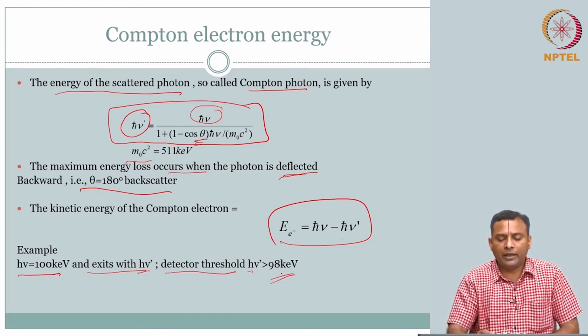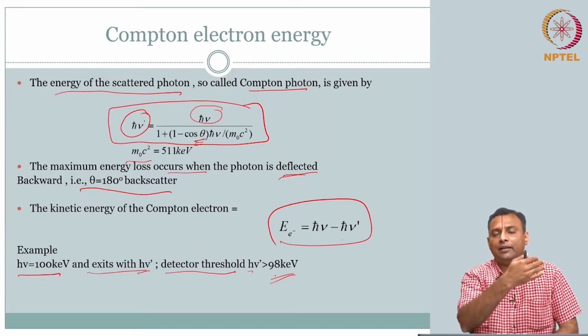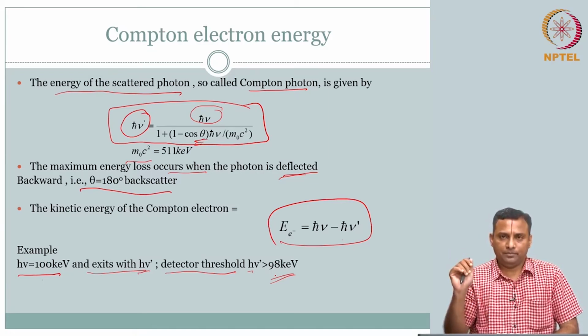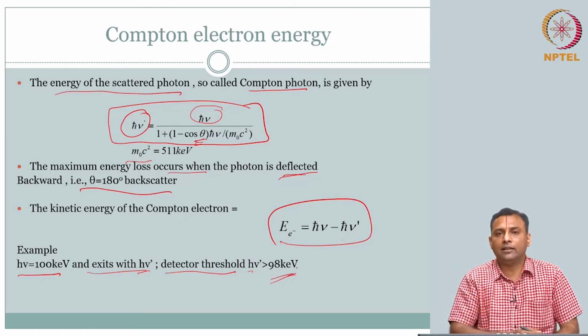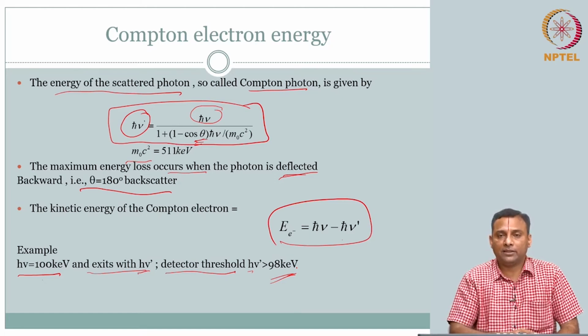You say that if I am able to capture 98 kilo electron volt, then whatever scattering has happened, the angle of Compton scattering is acceptable. Until then you are okay, because you are capturing the signal. Anything beyond that, you will have to look at design aspects. So the question is, what could be the maximum angle in this scenario?